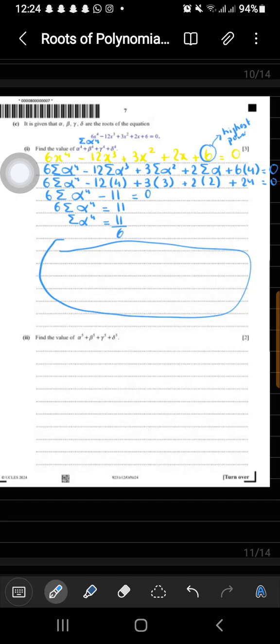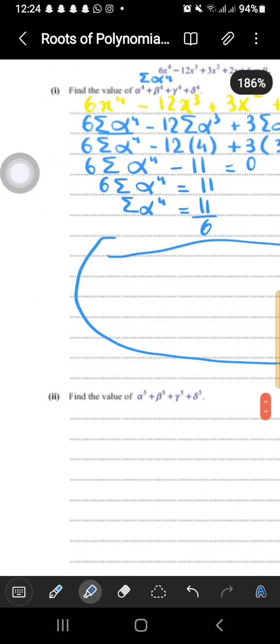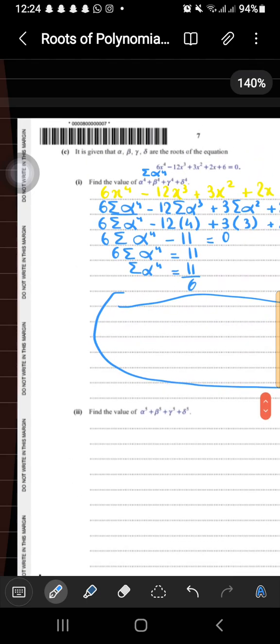We will try to apply the same method here. We are not moving to another method. I will apply the same method, and I will show you a different side of it, how we can solve summation of alpha with the power 5. Let's do this.